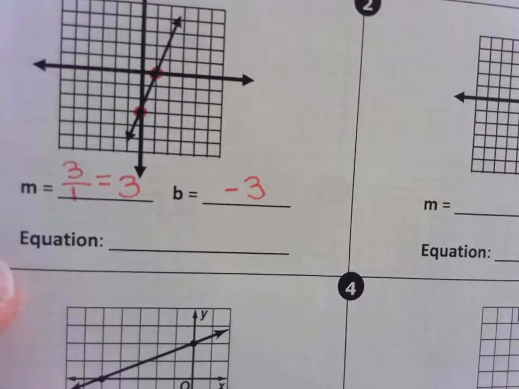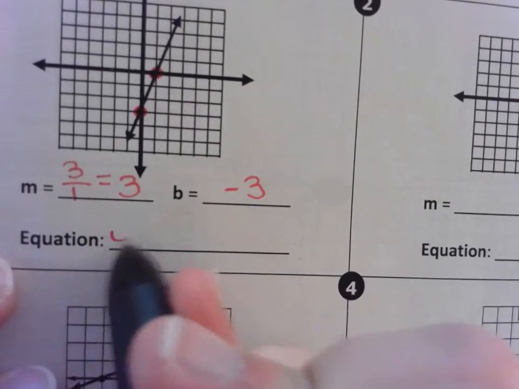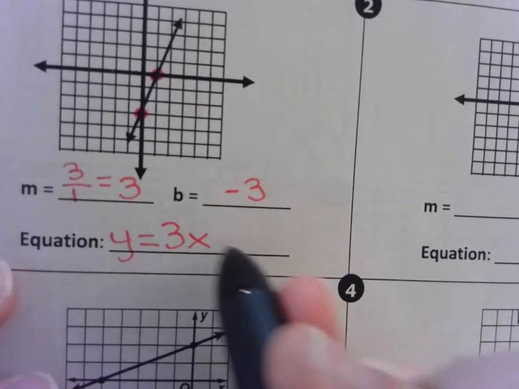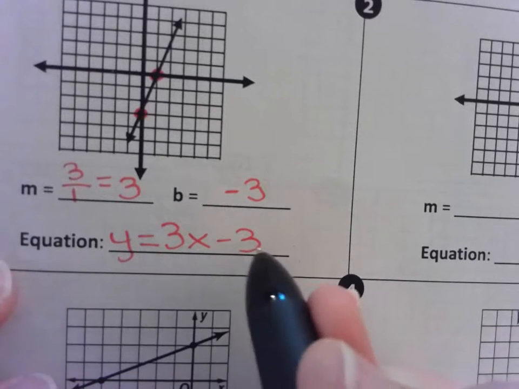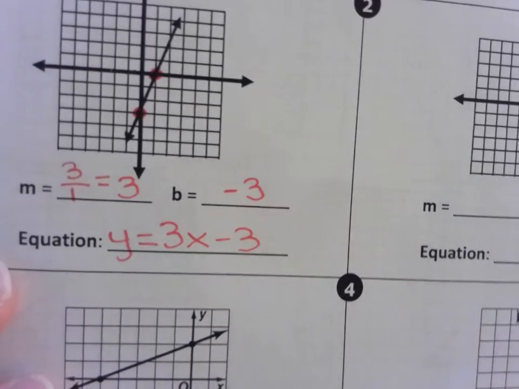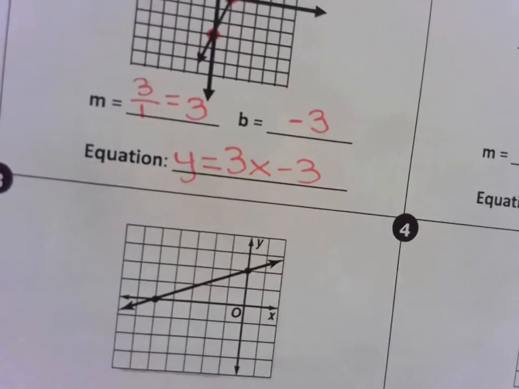Once you have m and b, you just plug them into your equation. So it's going to be y equals 3x minus 3. mx plus b. Plug it in.